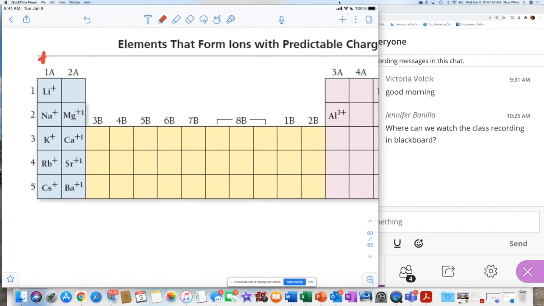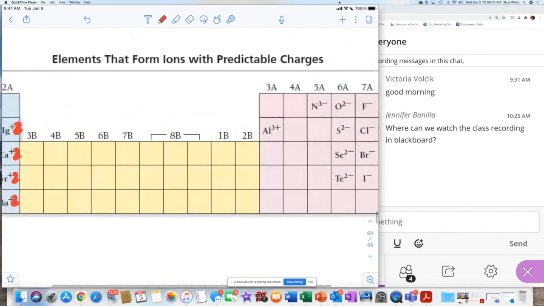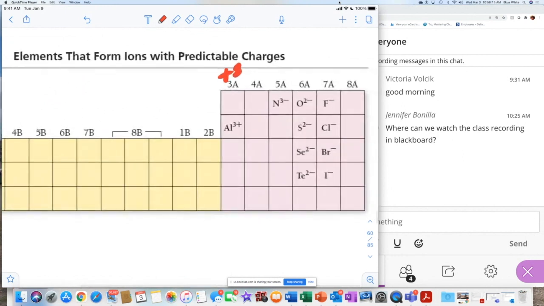So group 1, of course, forms plus 1, right? So this is group 2 forms plus 2. Skip over the D block. Group 3 forms plus 3. Group 4, because it can't lose or gain 4 electrons, you just skip over that part. Group 5 gains 3 electrons, so minus 3. Group 6 minus 2. Group 7 minus 1.